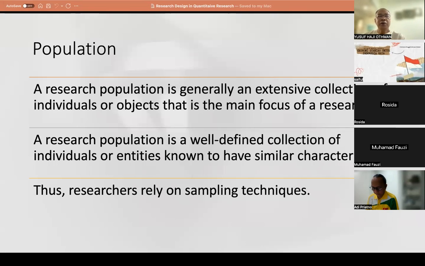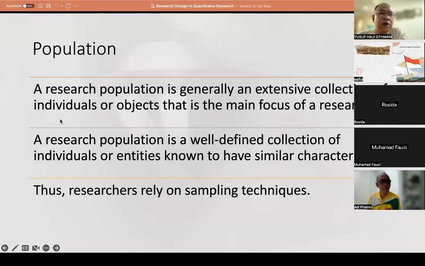Now we go back to the quantitative research. So in quantitative research, when we want to collect the data, the first thing we need to do is to define the population of the study. What is a population of the study?